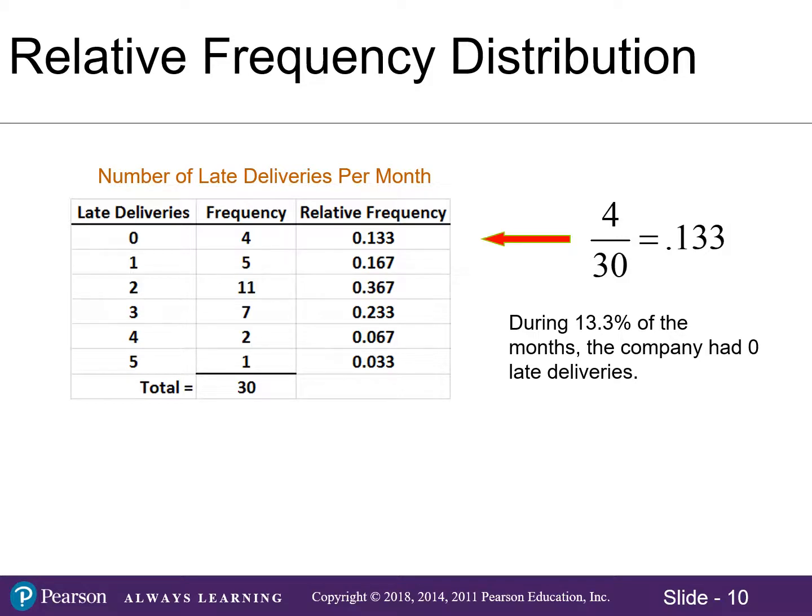Not too bad. So usually with relative frequency, you'll see these represented 2 different ways. The first one is the decimal equivalent, and the second one is the percentage. So I've listed both on here for you. Be careful, some of your homework questions are very specific when creating relative frequency. Some of the questions are specifically going to want percentages. Some of them are going to specifically want decimals.